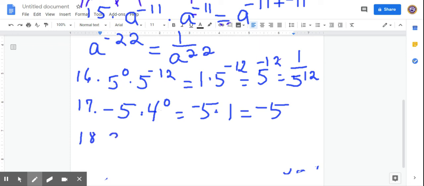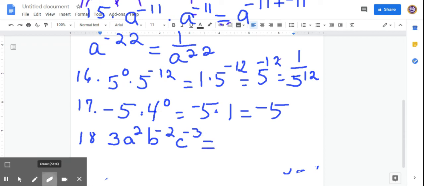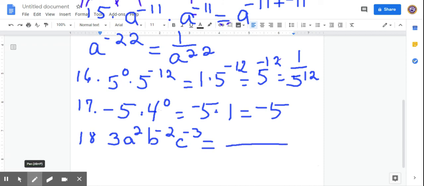Number 18. 18, you have 3a squared b to the -2 c to the -3. So when you see positive and negative exponents, remember, you're going to get a fraction for an answer. So you're going to make your fraction bar, and then you're going to ask yourself if the factor has to move or does it stay where it is. 3 has a positive exponent, so it stays where it is.